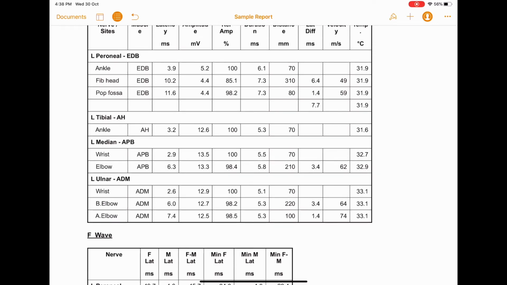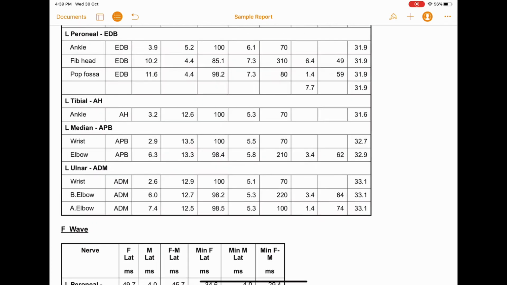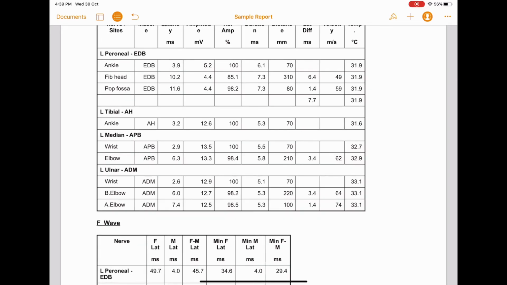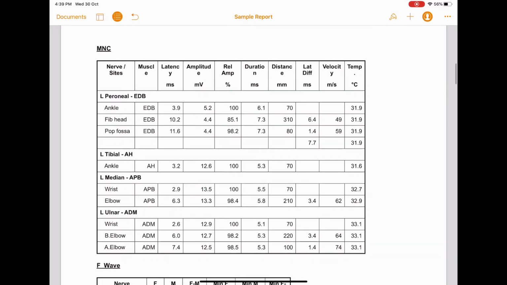So similarly, in this sample report, we did 2 motor nerves in the left leg and 2 in the left arm. Make sure when we are comparing latency to the normative value, we are only comparing the distal latencies and not the proximal latencies.